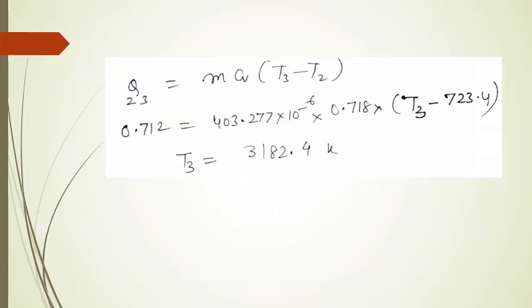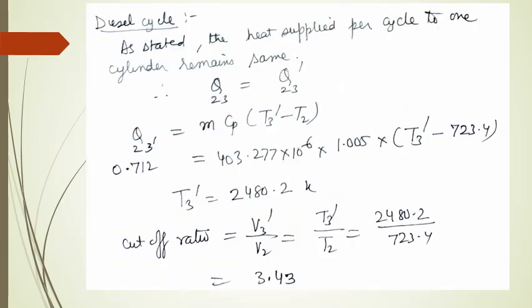Now the heat addition for the cycle is equal to m Cv dT, and that is for one cylinder. So basically this gives me the value of T3, and that comes out to be 3182.4 Kelvin. Now for the diesel cycle, as we know that the compression ratio has to remain the same, as also the heat supplied per cycle to one cylinder has to remain the same.